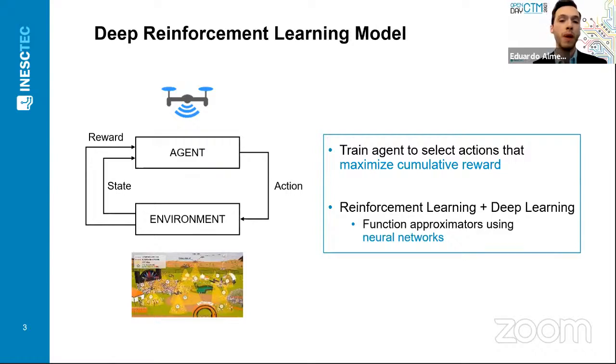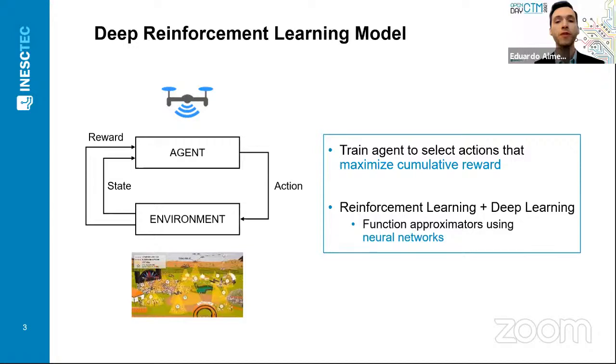This reward is a measure that evaluates the quality of the action taken on that particular state, which is fed from the environment to the agent. So the higher the reward, the better that action was. The objective of the agent is to learn what actions to take in order to maximize this reward over time.